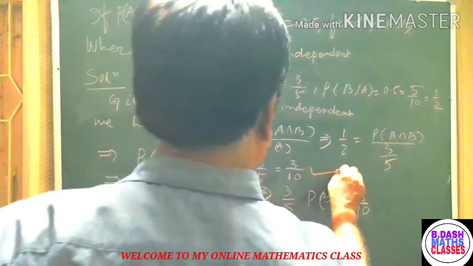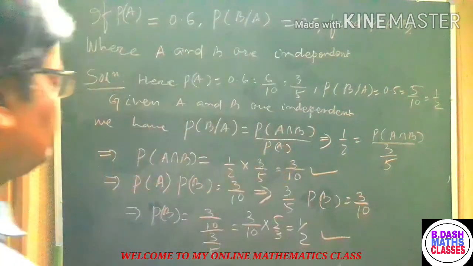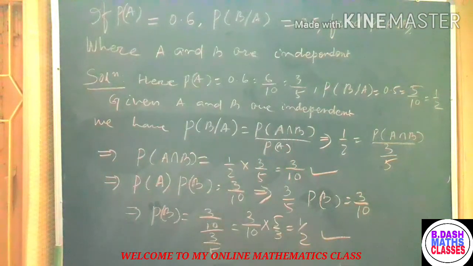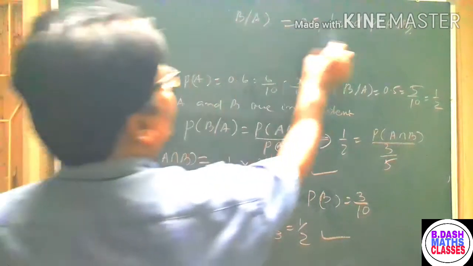And P of A intersection B is 3 by 10, and P of B we are also getting here.